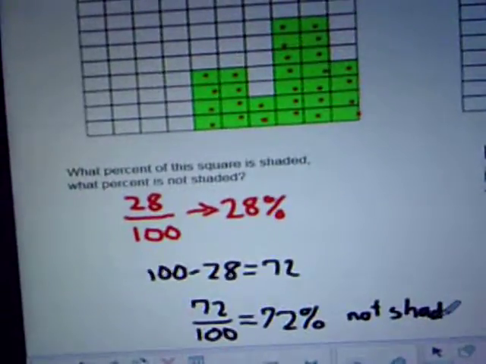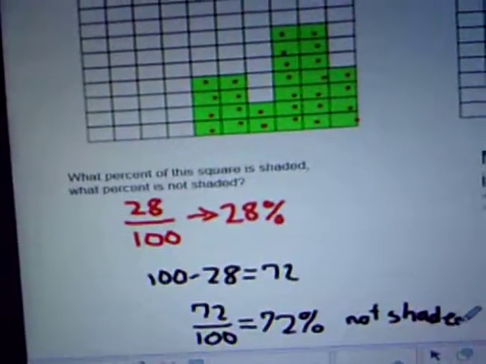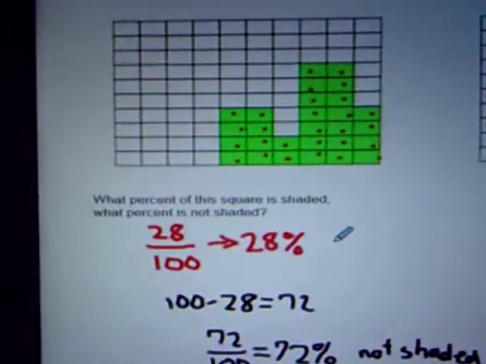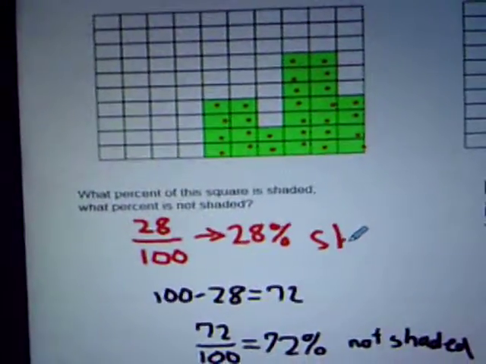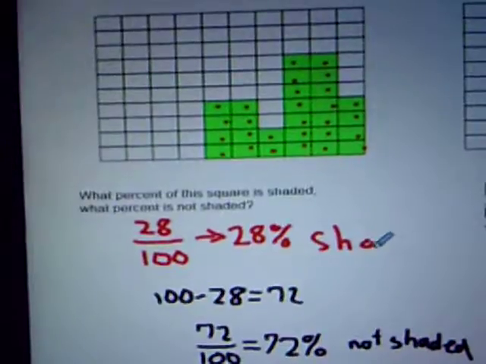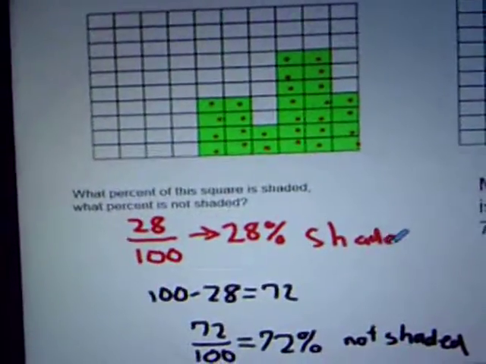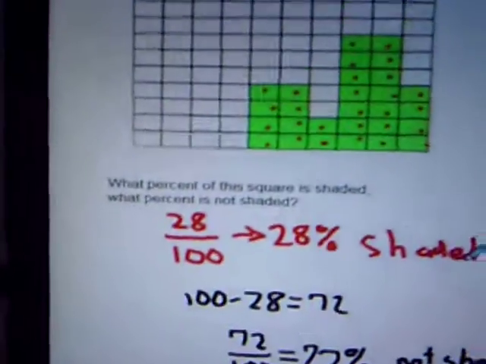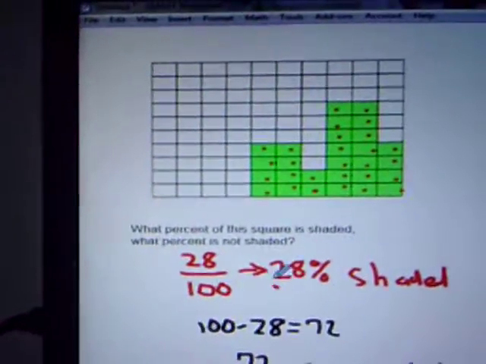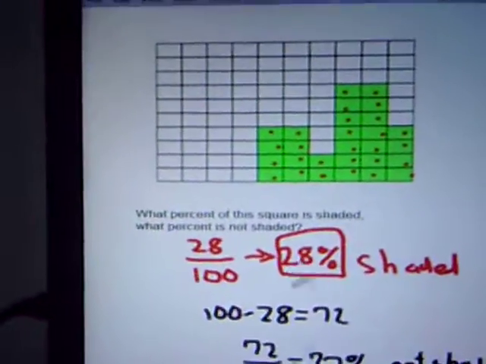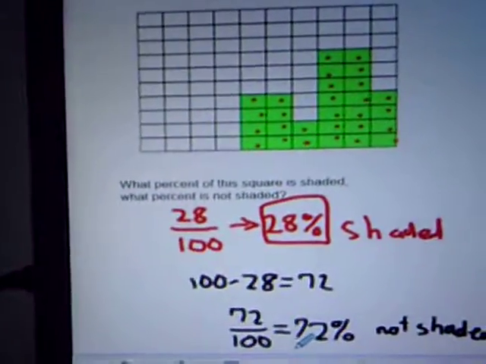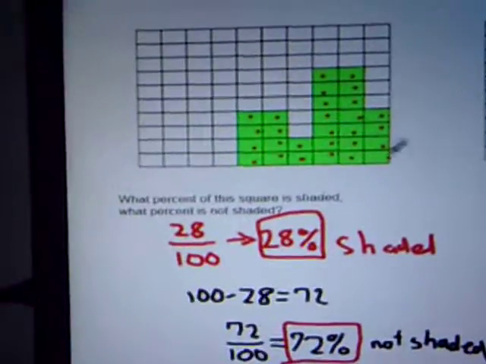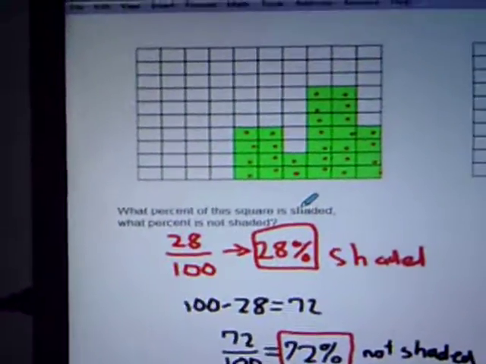Sorry, it takes me a while to write on this. 72% not shaded, and of course, what we found originally, 28% shaded, or colored. And then, of course, the whole thing must equal 100. So to test it, the 28% that's shaded plus the 72% that's not shaded must equal, of course, a total of 100%. Okay?